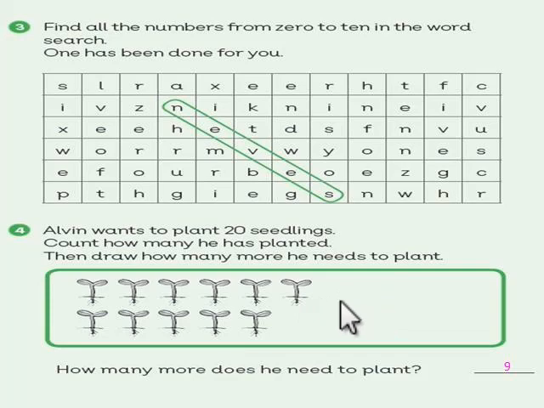If you combine 11 and 9, it is 20 seedlings altogether. So remember, draw 9 seedlings. Make 4 here, then make 5 under, 9 seedlings. Okay, did you understand? Okay, very good.